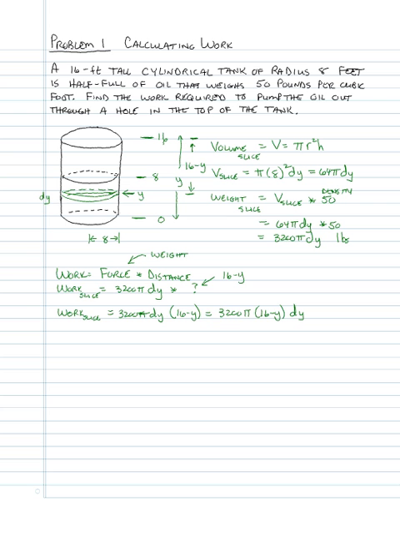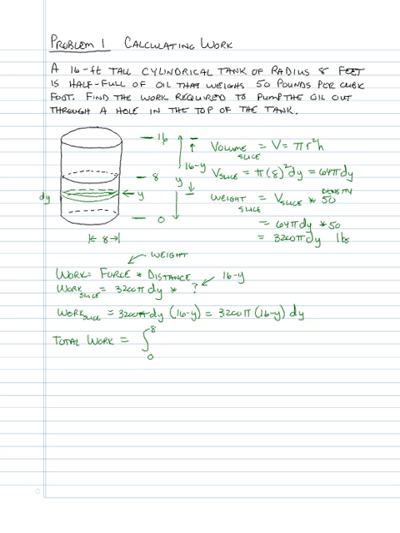So the total work, see that was just to move that one infinitely small slice of the oil. So for the total work, we would need to add up the work from lifting each slice that we might have. And where are these slices going to start? Well, they're going to start at the y level of 0. And they're going to go to the y level of 8 because we have no oil above the level of 8.